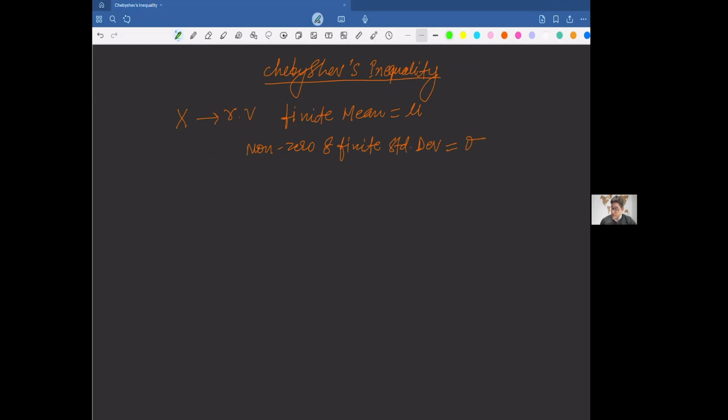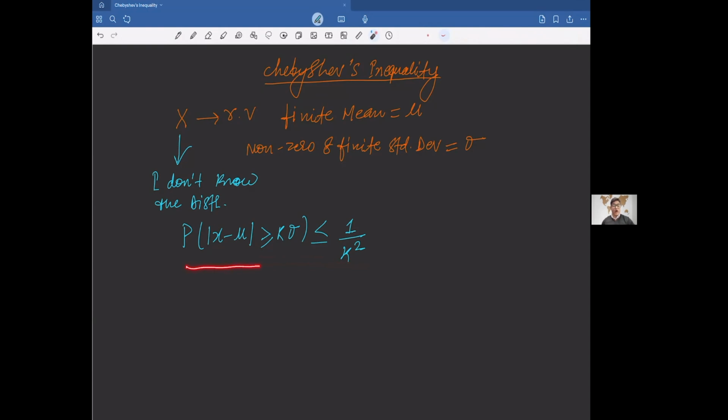This is very important. I don't know the distribution. Then the probability that the absolute value of x minus mu is greater than or equal to k sigma is less than or equal to 1 by k square. This is what Chebyshev's inequality states.